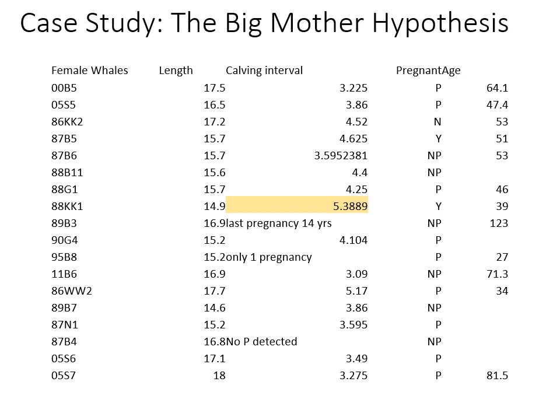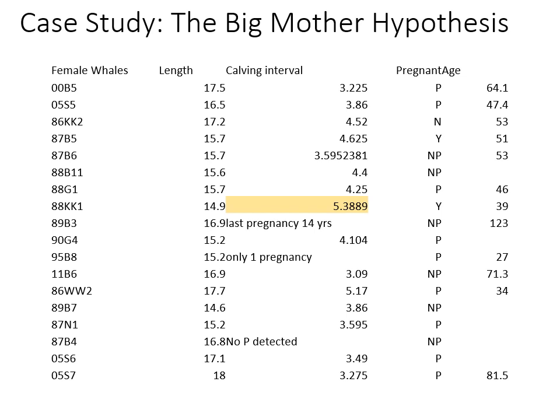All right, finally, we're going to look at this little case study here. This is data that I collected for my dissertation, where I looked at the length of these whales and the calving interval, which is the years between pregnancy events. So, for example, 00B5 was 17.5 meters long and had a calf, or was pregnant, every 3.225 years.